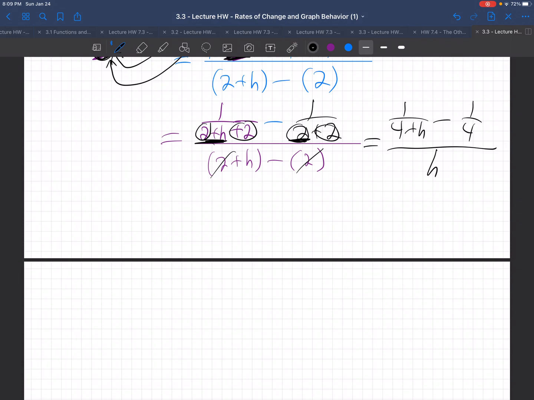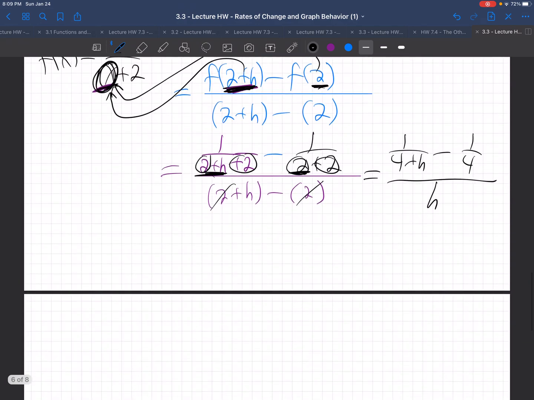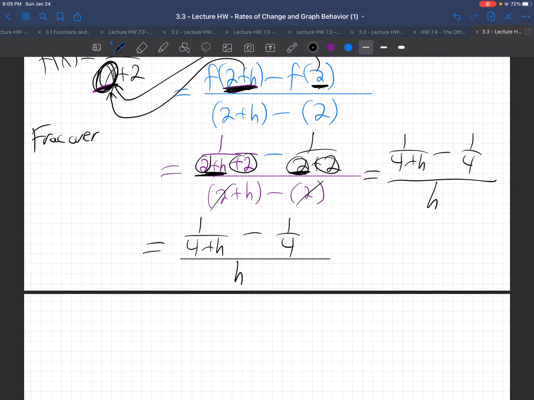Well, let me bring it down here. Let me write it here a little bigger for us. 1 over 4 plus h minus 1 over 4, all over h. So what do you do? Basically, let me write a note somewhere: fractions over fractions with adding, subtracting. That's the trick.